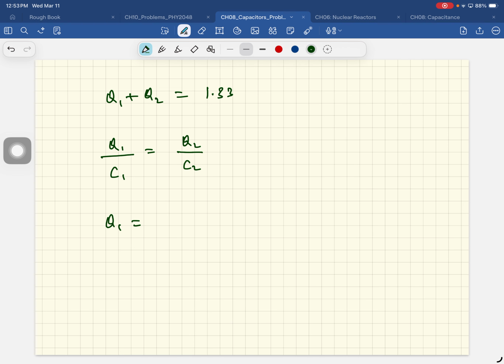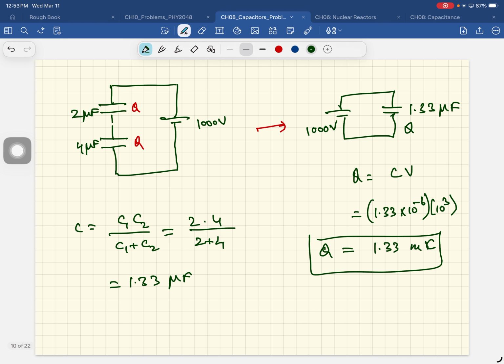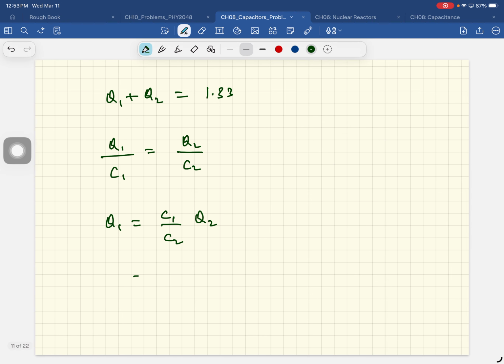So Q1 is C1 over C2 times Q2. C1 is 2 microfarads, C2 is 4 microfarads. So Q1 is 1/2 Q2.